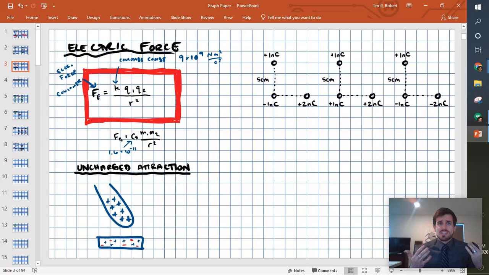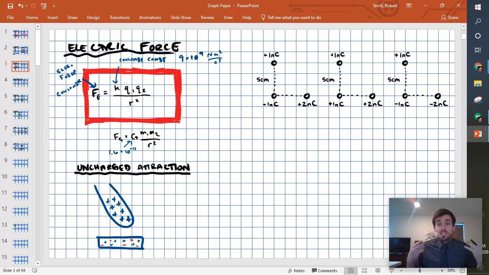And the reason why it's not a more dominant effect on your life, although it is actually pretty big, you just don't recognize it, is because it's hard to get those charges together in the same quantities that we can get mass together. Because mass is always an attractive force, we can get huge objects that then generate huge gravitational forces.